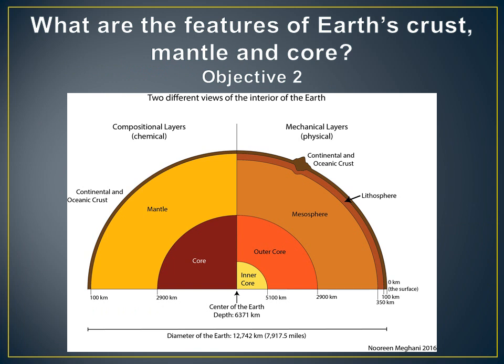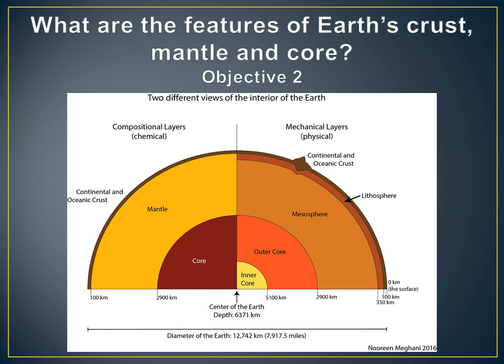So, our objective review here. What are the main features of Earth's crust, mantle, and core? Well, these are the things I want you to remember. Crust: 5 to 100 kilometers thick. It is solid rock, and we call it the skin of the Earth because it's the outside layer of the Earth. Below that is the mantle, 3,000 kilometers thick, made up of magnesium and iron. It is hot, but it is solid.